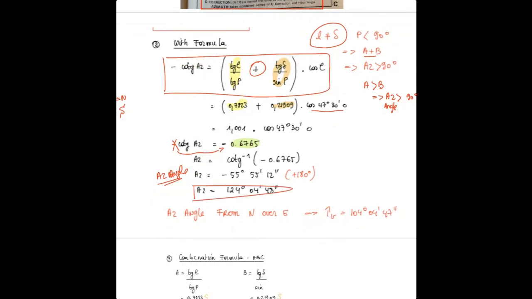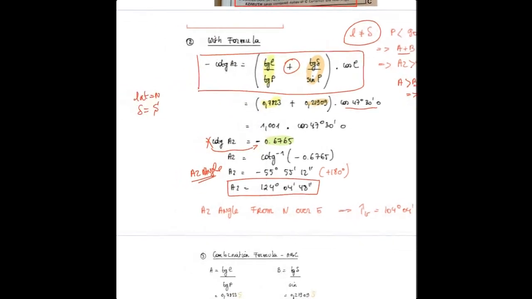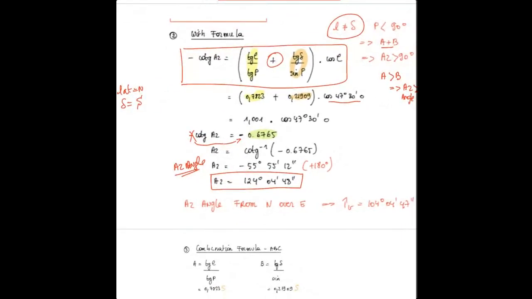And so this will give you an azimuth angle of 124 degrees 04.84. Okay, we know that our latitude is north, so we are in the northern hemisphere, so our azimuth angle is measured from the north, and we know that our polar angle is east, so the east is in front and it's measured over the east.